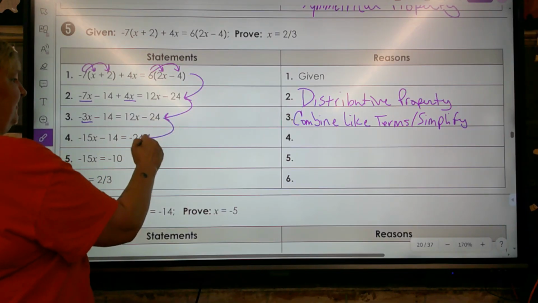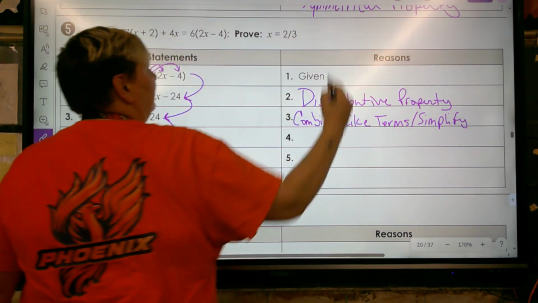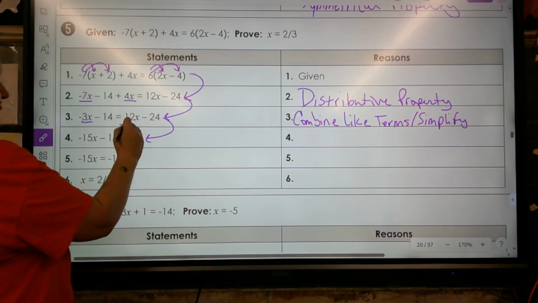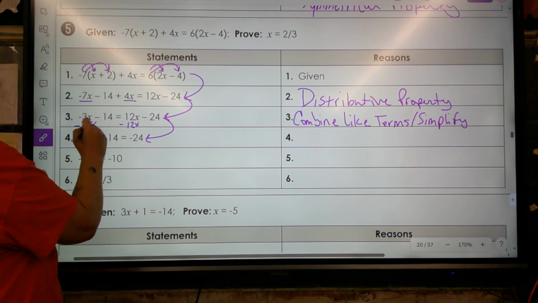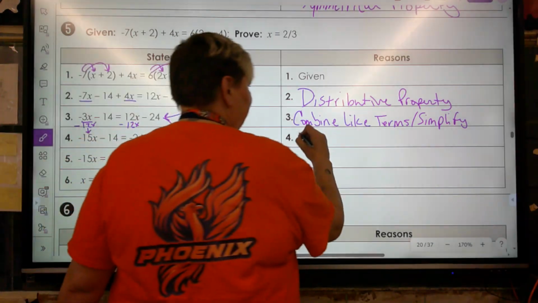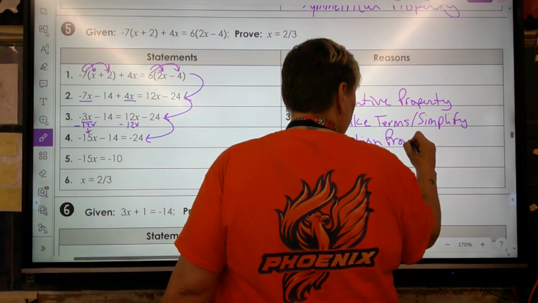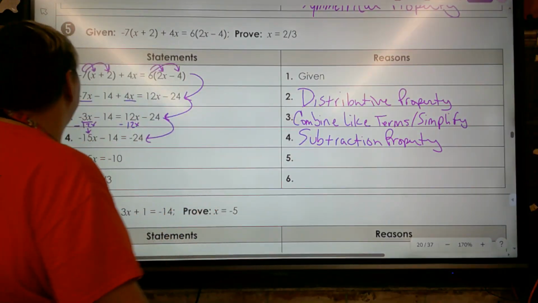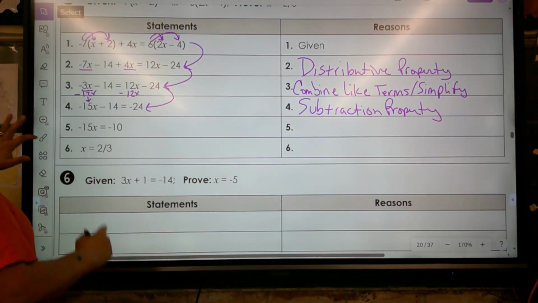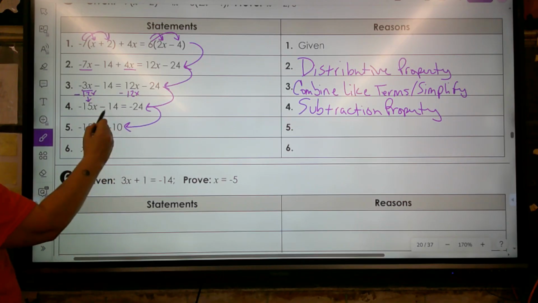All right, next step. It looks like we got rid of the 12x. So we subtracted 12x from both sides. That makes sense, right? Negative 3x minus 12x is going to give you negative 15x. So we subtracted, subtraction property. And then something changed here.